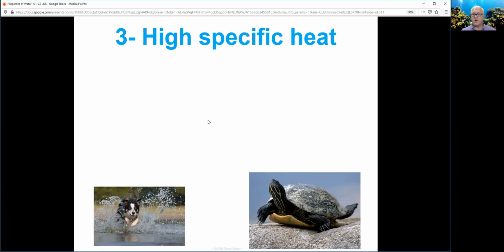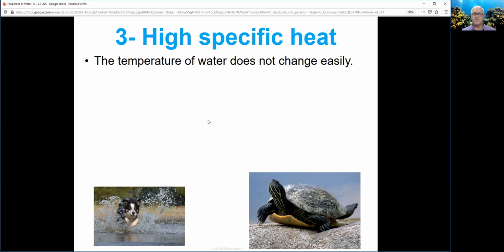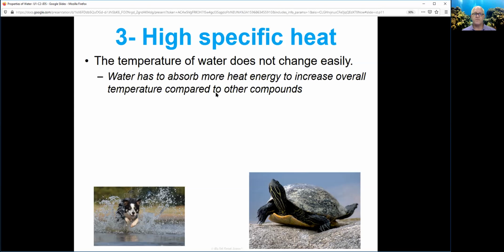The third property of water that's really neat is known as high specific heat. The temperature of water does not change very easily. It takes an enormous amount of heat and cooling to change the temperature of water.